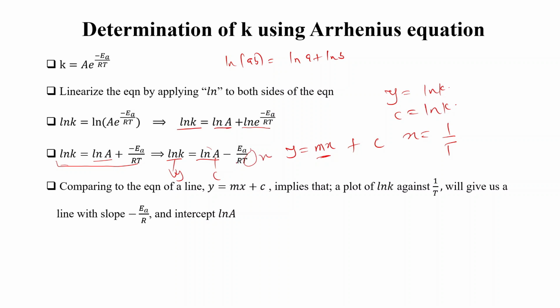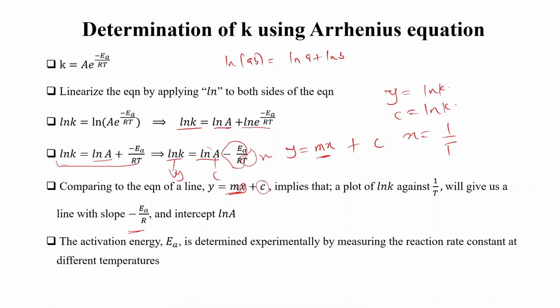That implies that our m is the rest, which is negative EA over R. So that gives us our slope, because when you compare to the equation of the line, m is our slope and x is our x value that varies. In this case, that will be 1 over temperature, 1 over T, that's going to be varying. Then our c is our constant, which will be our ln A, A being our pre-exponential factor. And then our y will be our ln K.